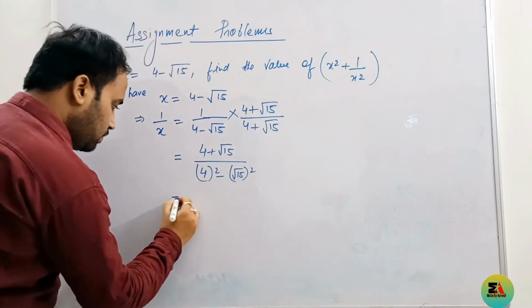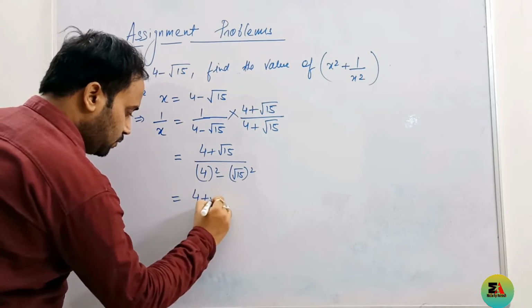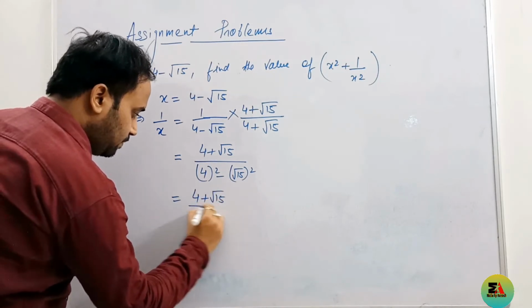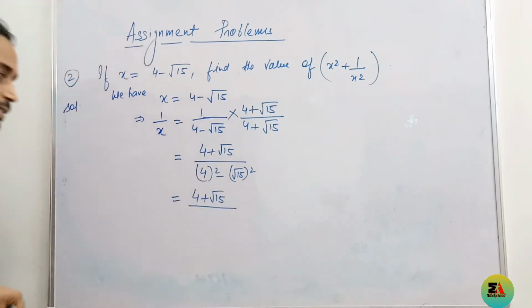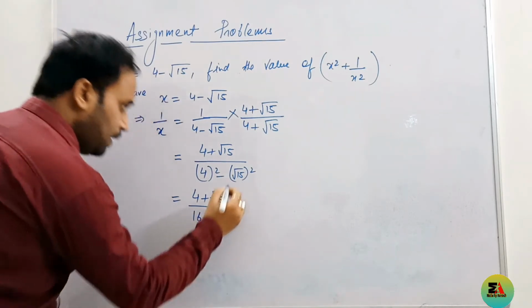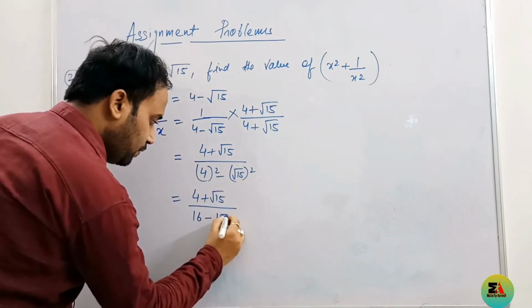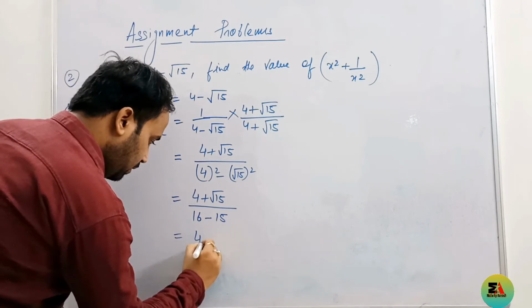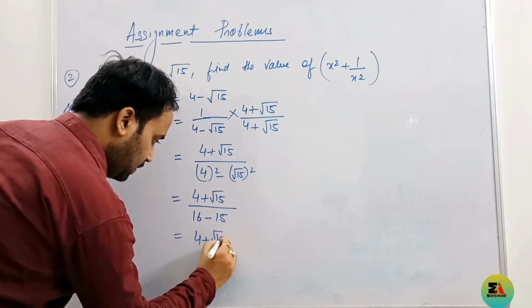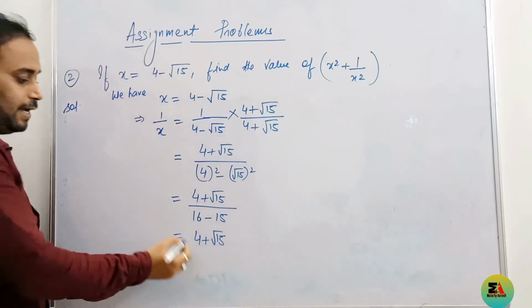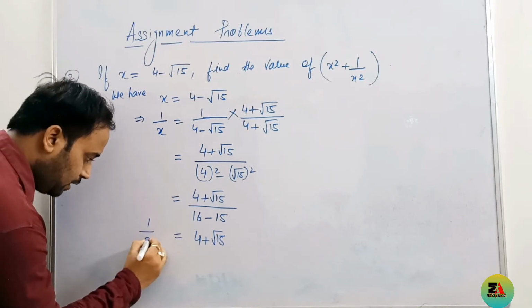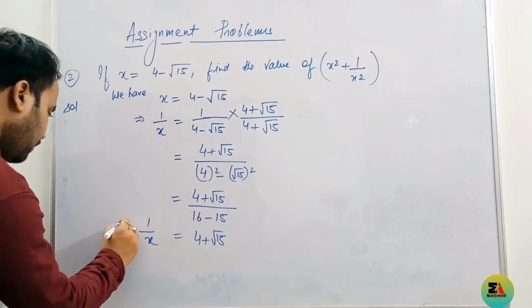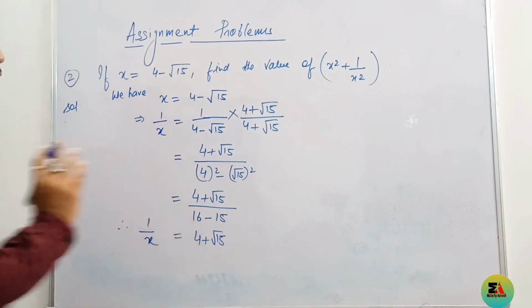Clear? Now our numerator becomes 4 plus root under 15. The denominator is 4 square, which is 16, minus root under 15 square, which becomes 15. So 1 by x will be 4 plus root 15.